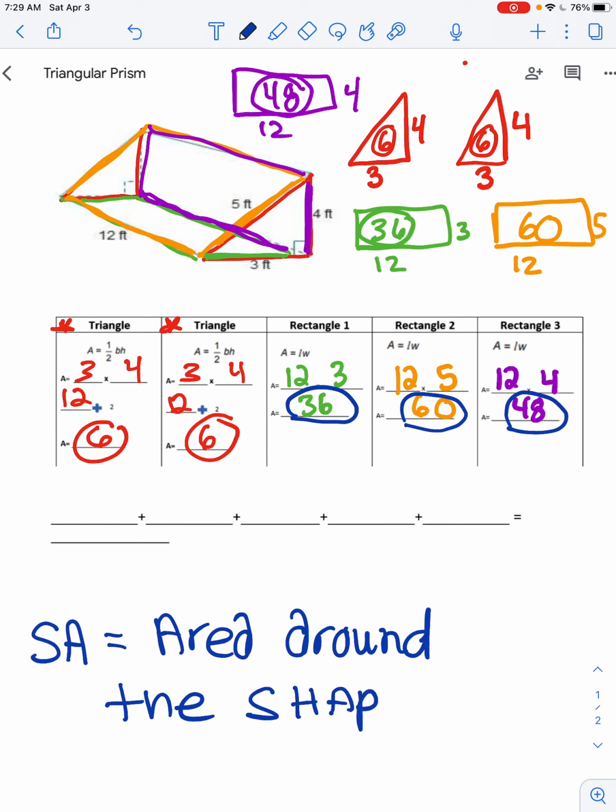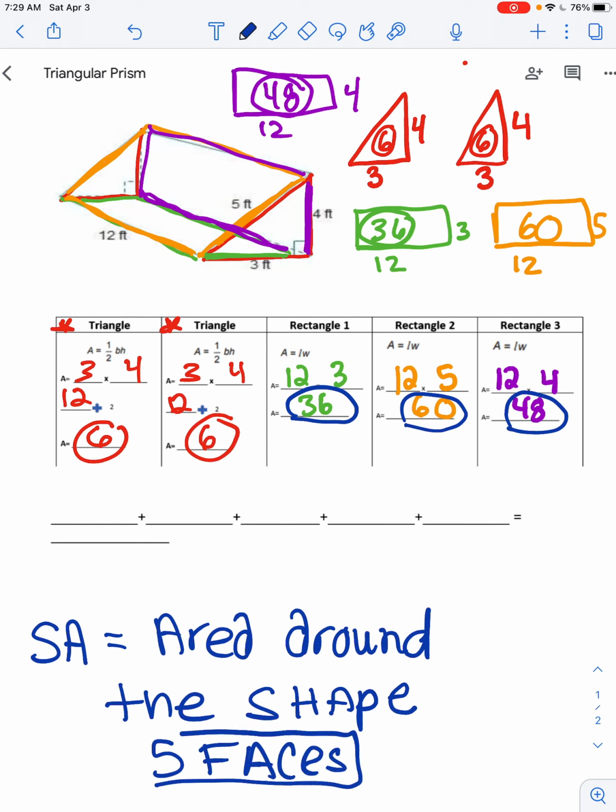In this case, we have the area of 5 faces because the triangular prism has 5 faces. Again, the faces are triangle 1, triangle 2, rectangle 1, rectangle 2, and rectangle 3. That is the area for each one of my shapes.